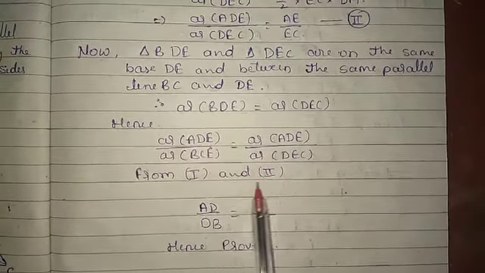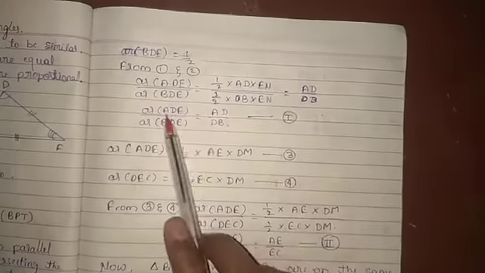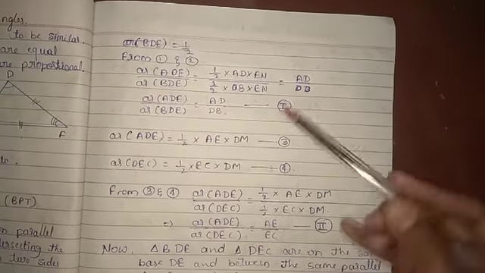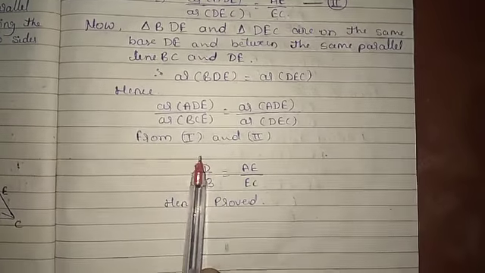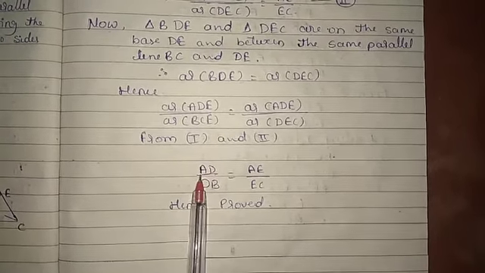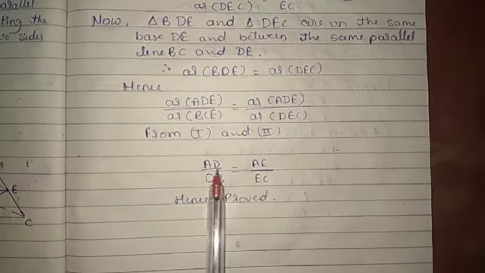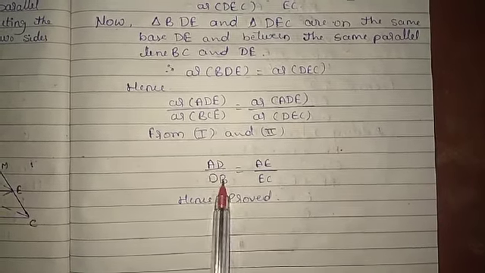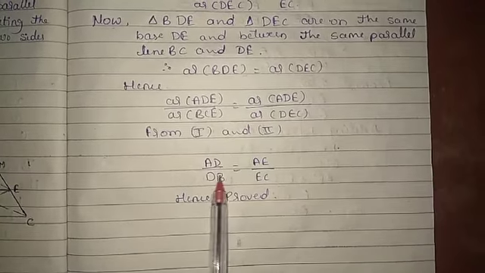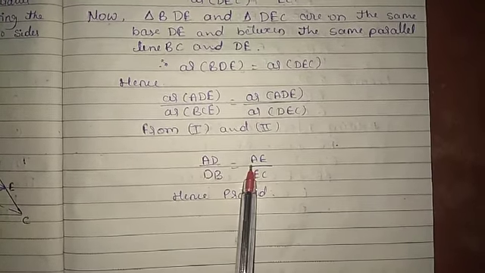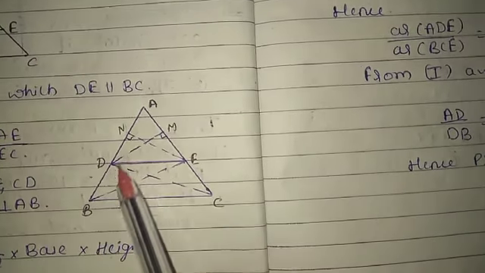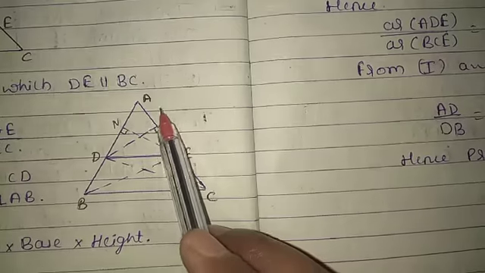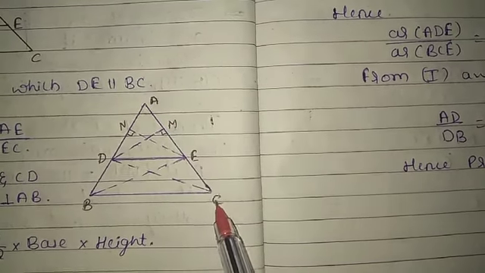Since the LHS are equal in these two, the RHS are equal. So from equation 1 and 2, we get AD divided by DB, BD or DB both are the same, is equal to AE divided by EC.